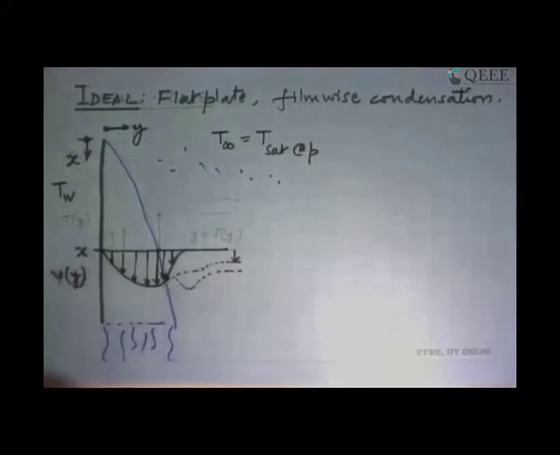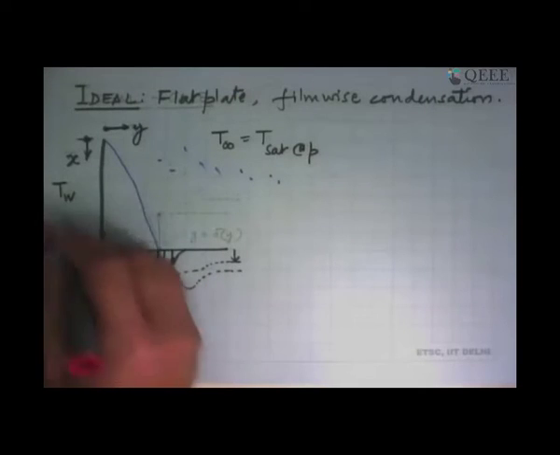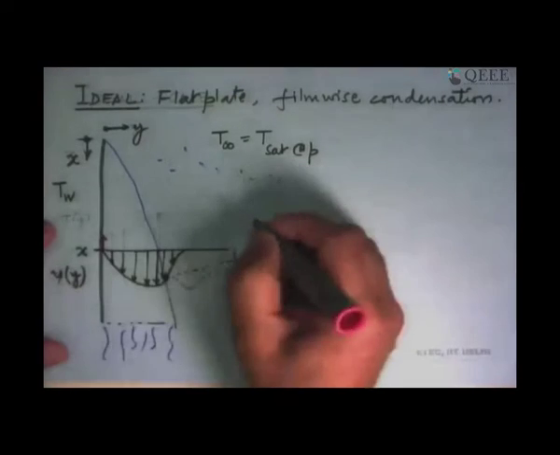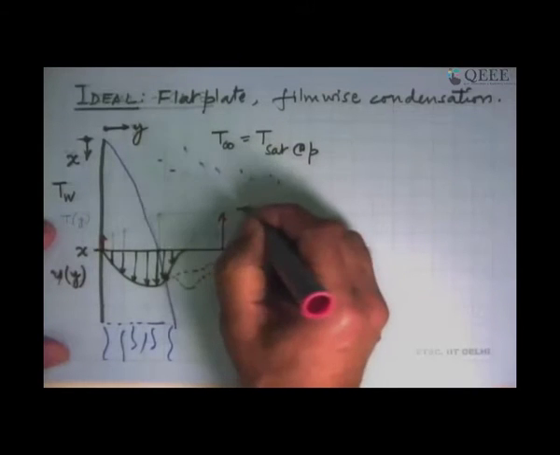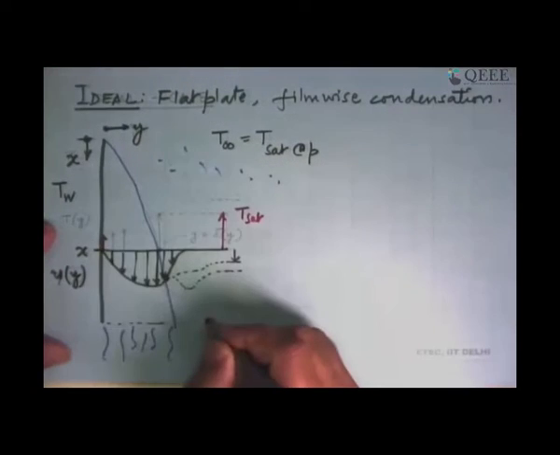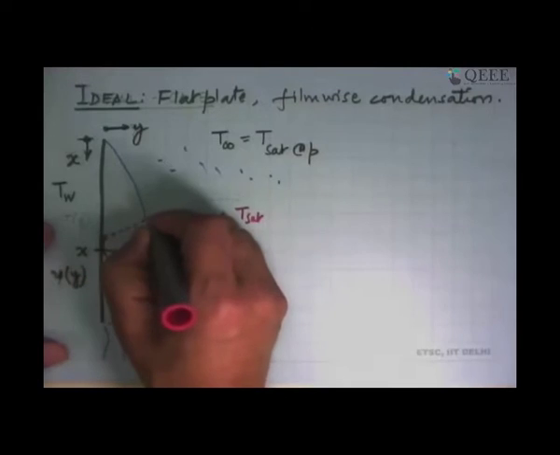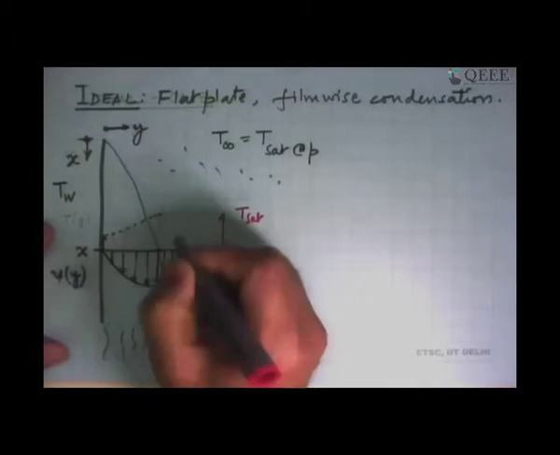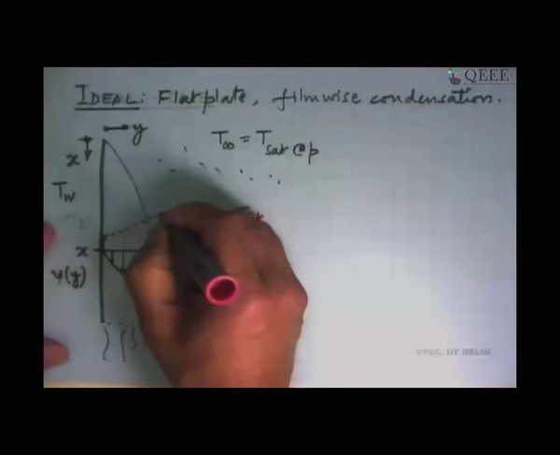Now let's look at the temperature. At the wall, we have the lowest temperature, which is the wall temperature, T_w. Far away, if it was saturated vapor, the temperature is T_sat. So inside this film, there will be a gradient of temperature, and at the edge, this gradient disappears and you have a flat temperature profile.